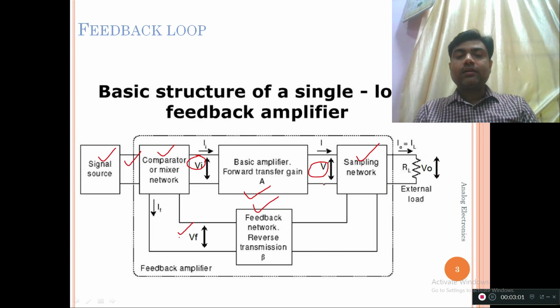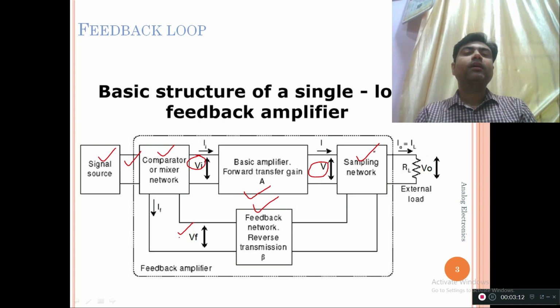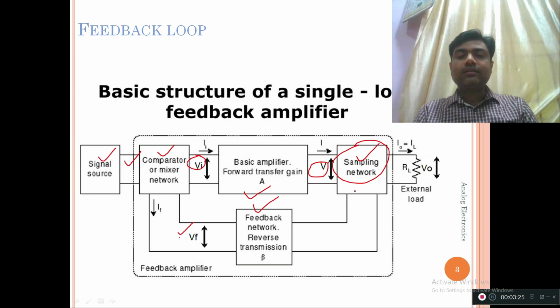Whenever we are taking the feedback voltage, we have to sample it, and the sampling network helps us to sample the voltage or sample the current. So in whatever form the output is, whether it is a current or a voltage, we will sample the current or voltage using this sampling network. And then through this sampling network, the current or the voltage is applied to the feedback network.